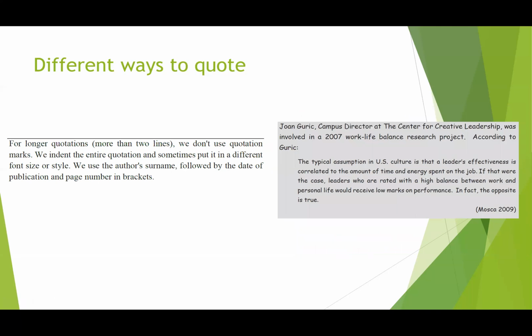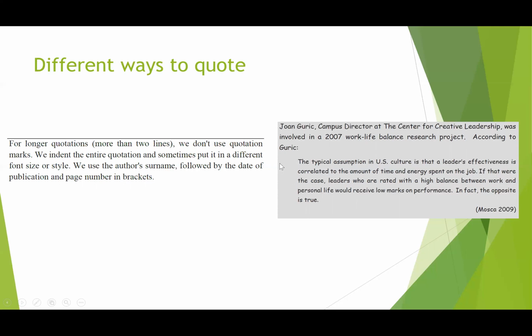Now, for a longer quote, this doesn't happen very commonly, but you might find a very specific long quote that you think, I can't paraphrase this, it's too powerful, I want to keep it as it is. And for this, we actually leave a space. So what's that? According to someone, so Guruk Mosca, who we're talking to, and we've got our commas here.